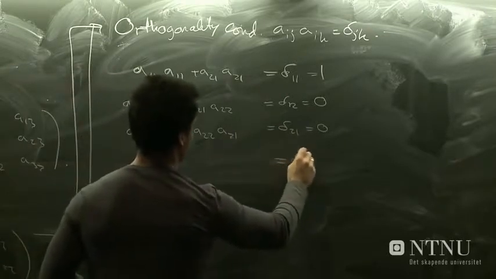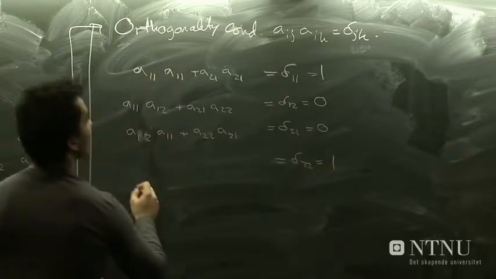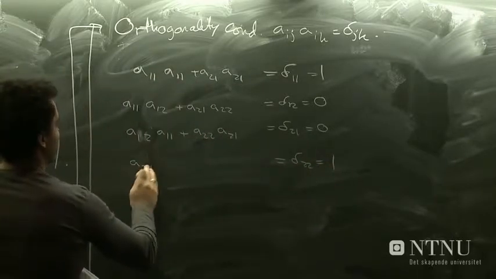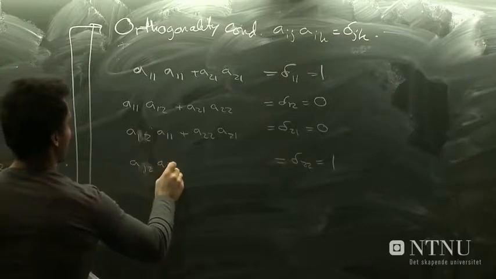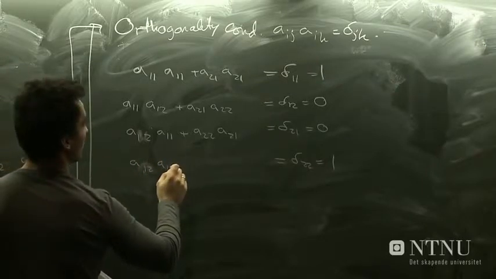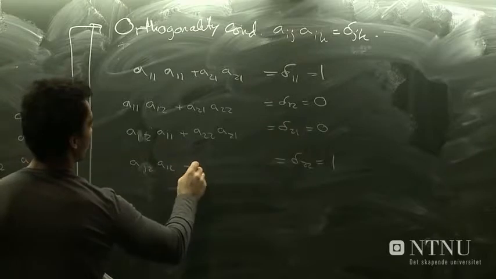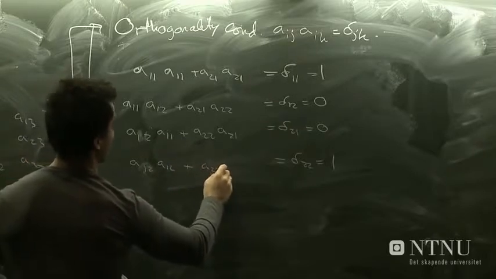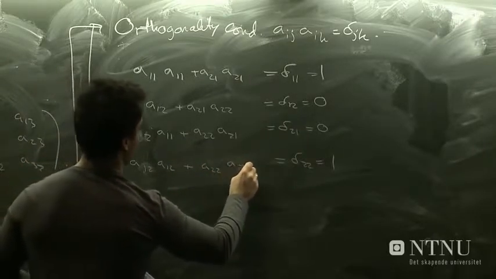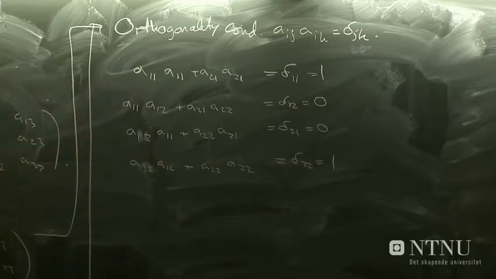And then finally, A12 A12 plus A22 A22, like this. So we have 4 equations.